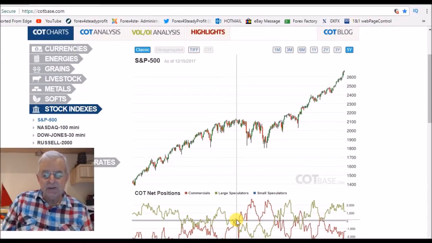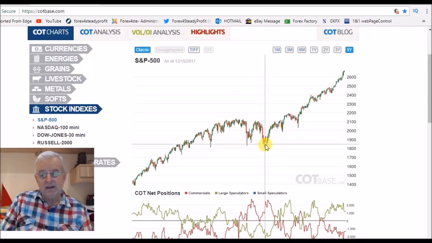S&P 500. As you can see from this extreme bullish position from the commercials here, they bought this dip, then they went bearish, and then when it came down, they bought the dip again.